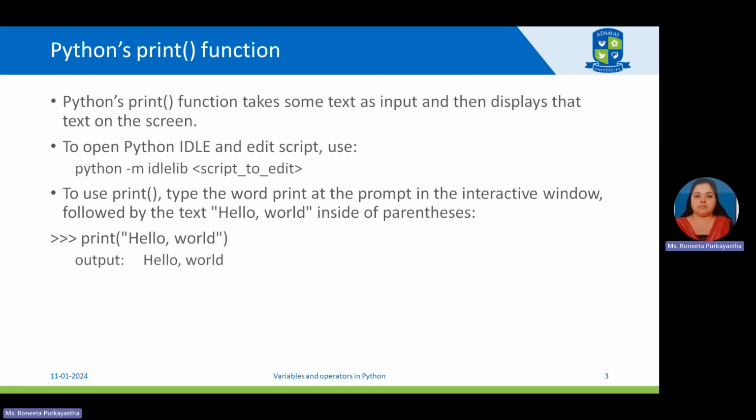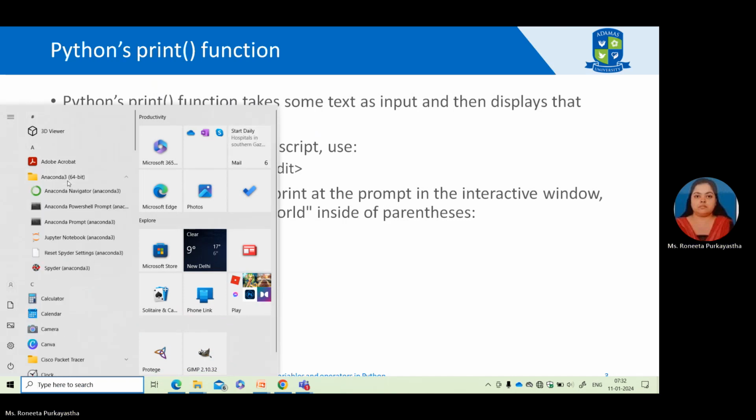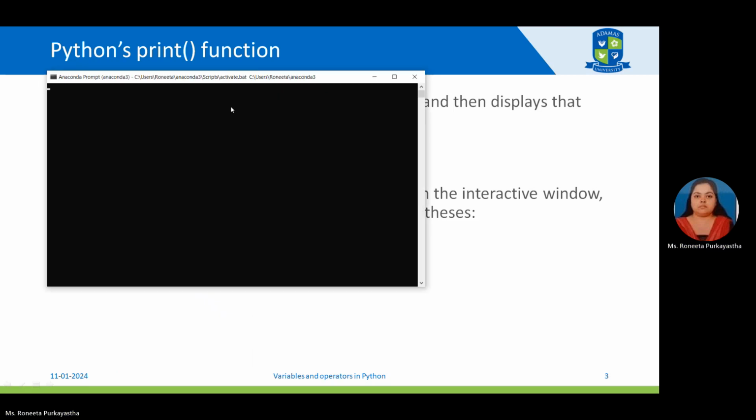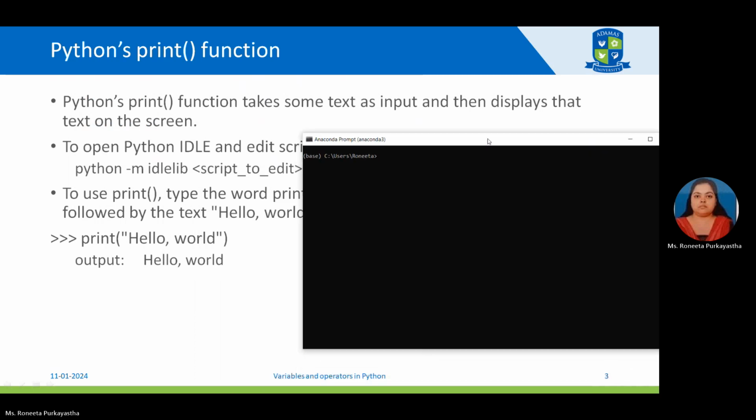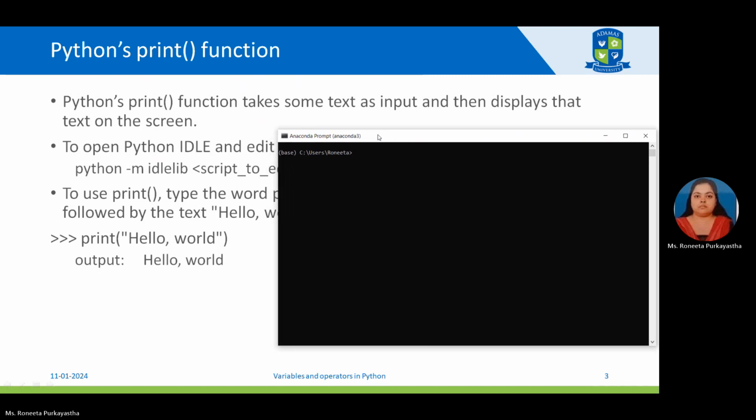You just download Python and install it on your machine and open the prompt. I'm just showing it. This is the prompt I'm going to open. I hope you can see the prompt screen.